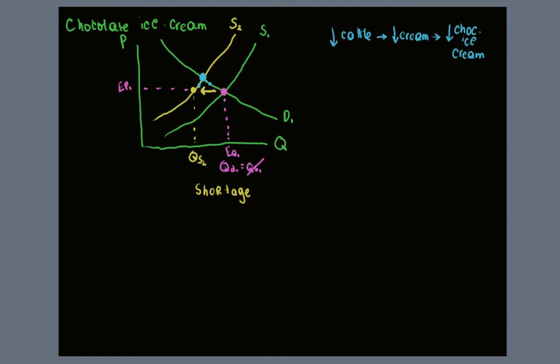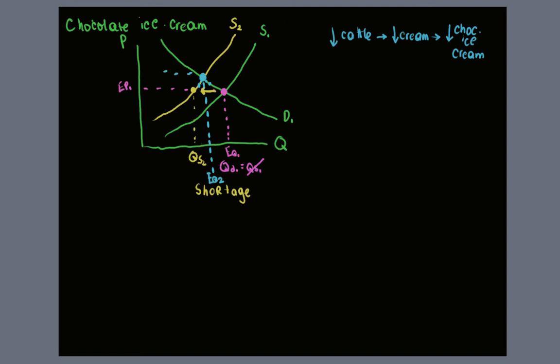So if I come down here, I'm going to come all the way down so you can see it. This is the new place where quantity demanded equals quantity supplied. It's the new supply with old demand. And if I come over to the left here, this will give me the new price that corresponds to that new equilibrium.